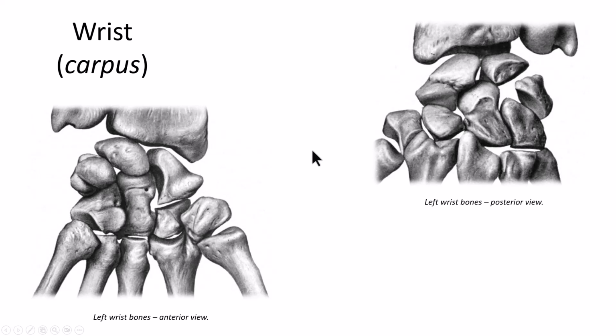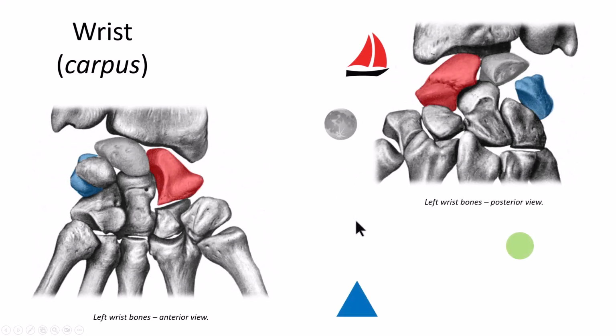First, we will get familiar with the proximal row. Memorizing the names of these bones is not difficult, as there is a well-known mnemonic. Here it is. Some lovers try positions that they can't handle. So we have 4 bones with the images.